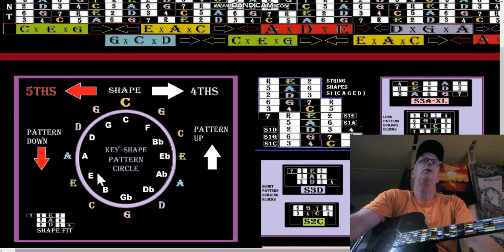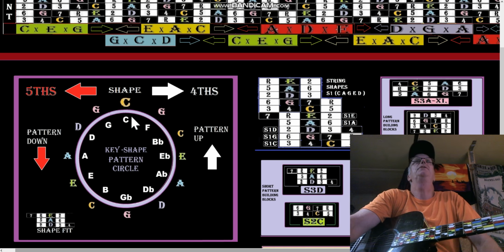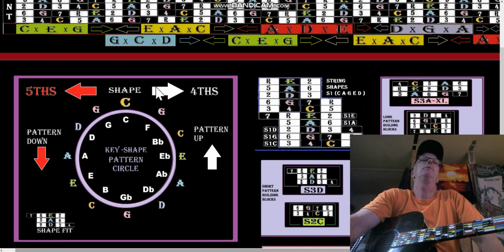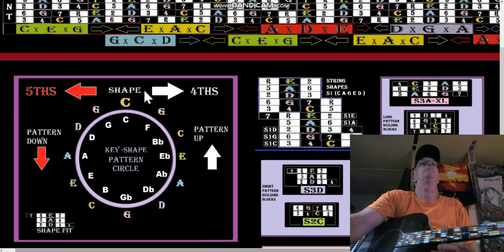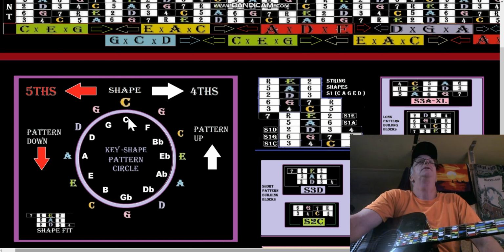If we're going clockwise, we would go to the E shape there, not the G shape. Okay, so there's a problem with this little circle that I have to fix, and I'd have to make a new circle to do it in C. Hopefully it'll work. I'll be working on that chart next time, but we can still use it.